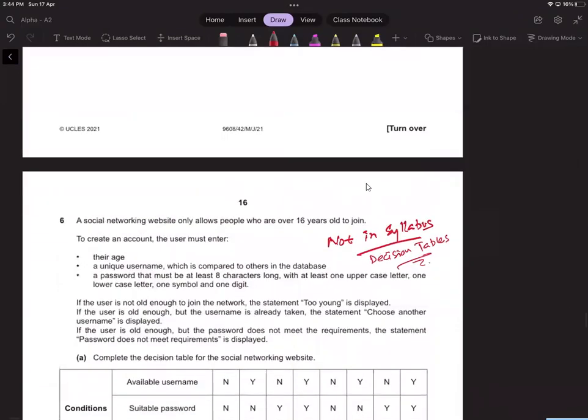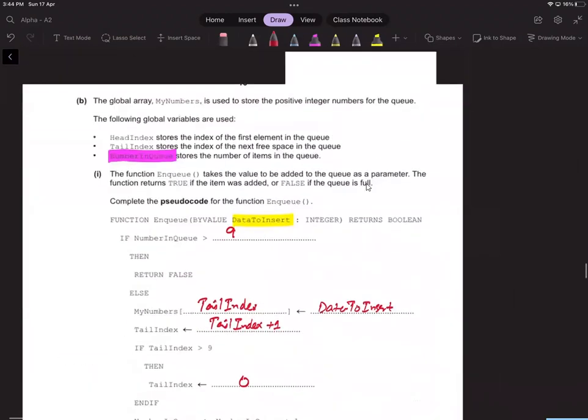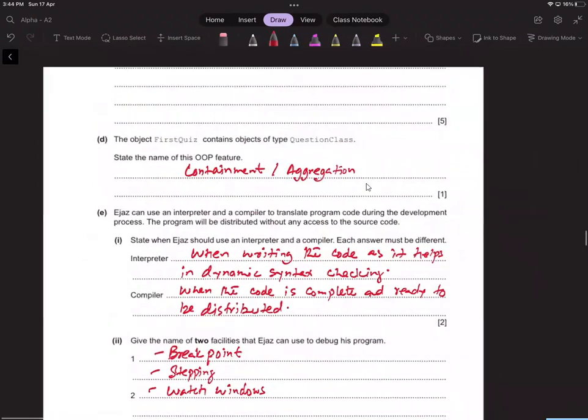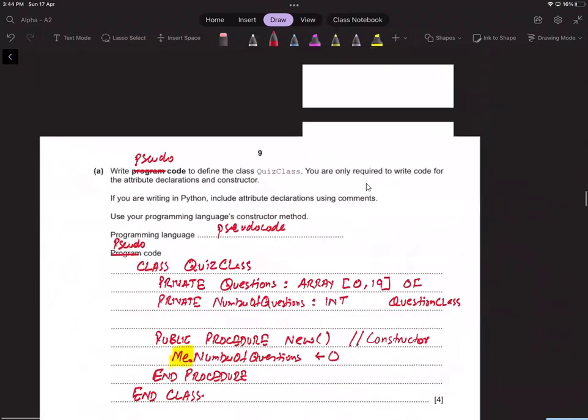Now for paper 3, you have an idea that you won't have everything related to programming. These papers are heavy because they are paper 4 and they are related to programming only.